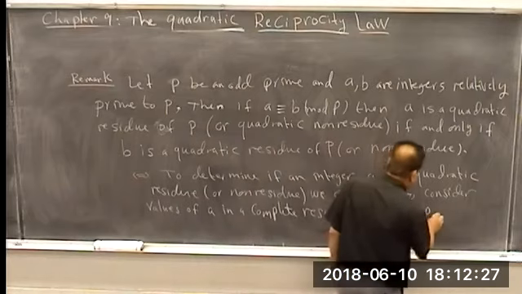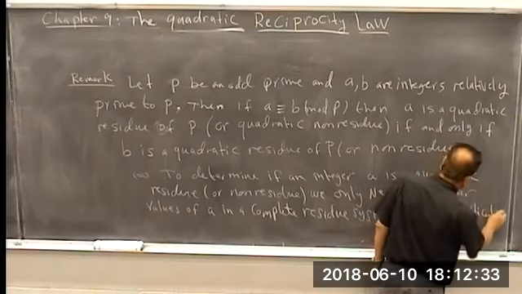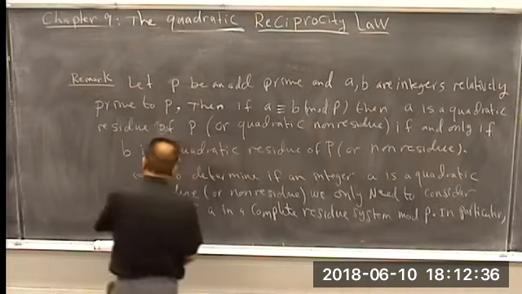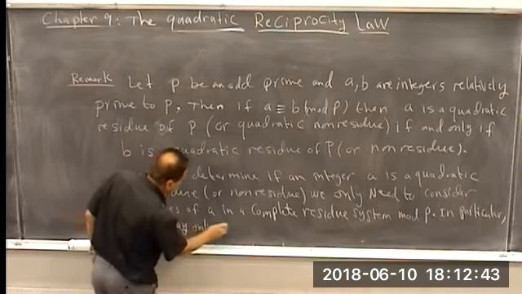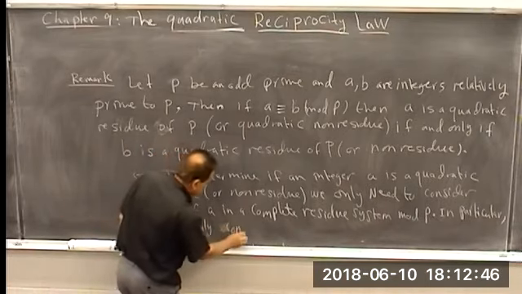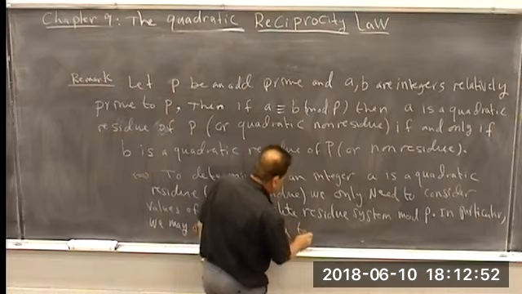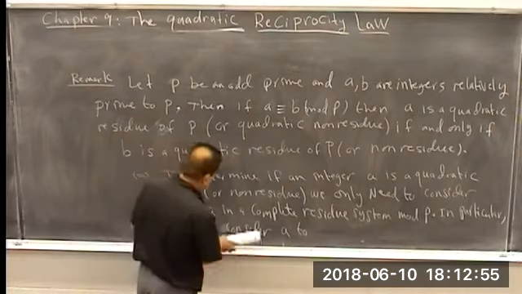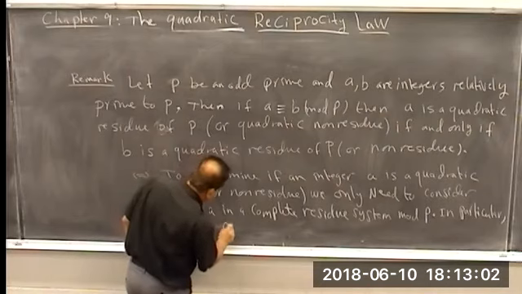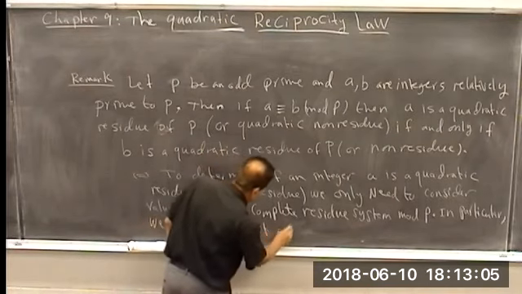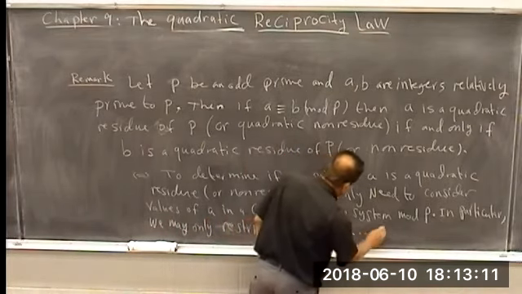Given this, in particular, we may only consider or restrict a to these integers: 1, 2, 3, up to p minus 1.